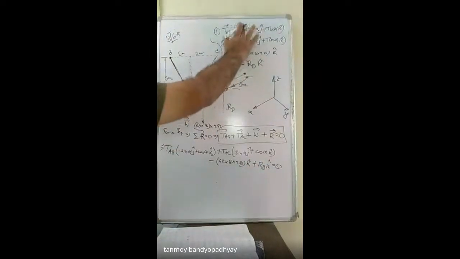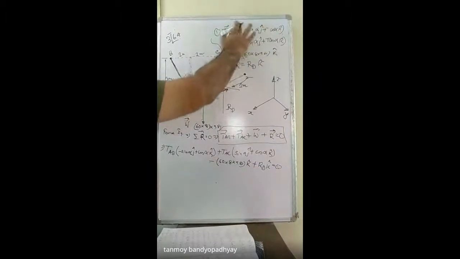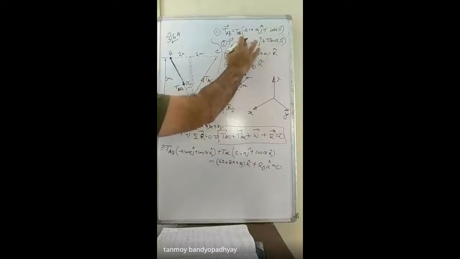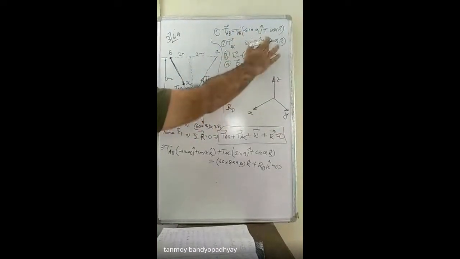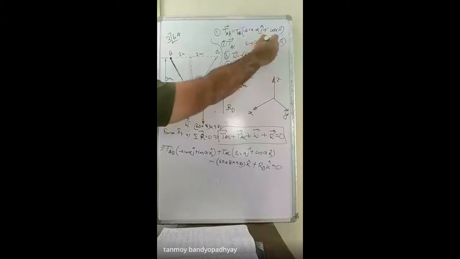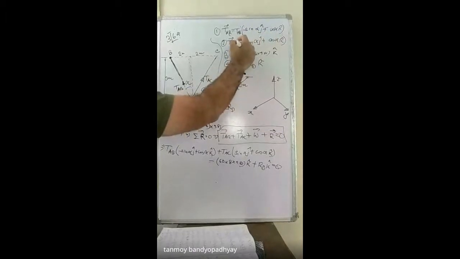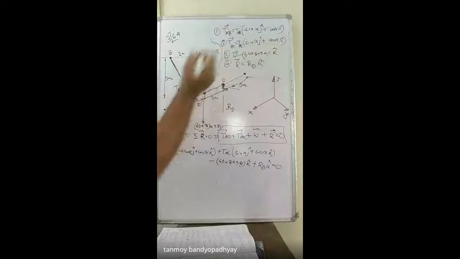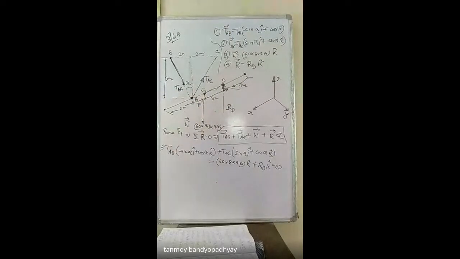From the configuration we can say that TAB and TAC will be the same. They are symmetrically located on the system, so they should be the same. But since we haven't derived that yet, let this be written like this. Okay?